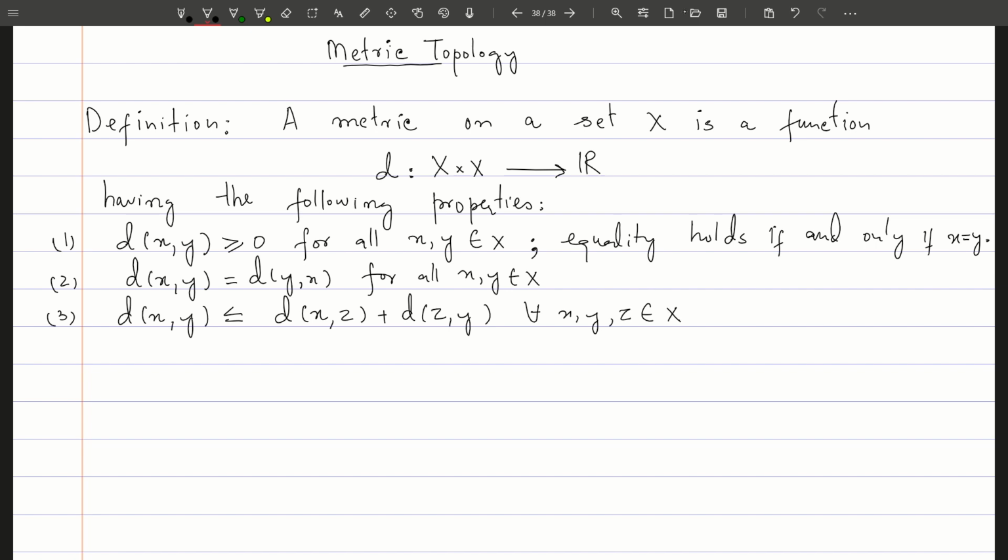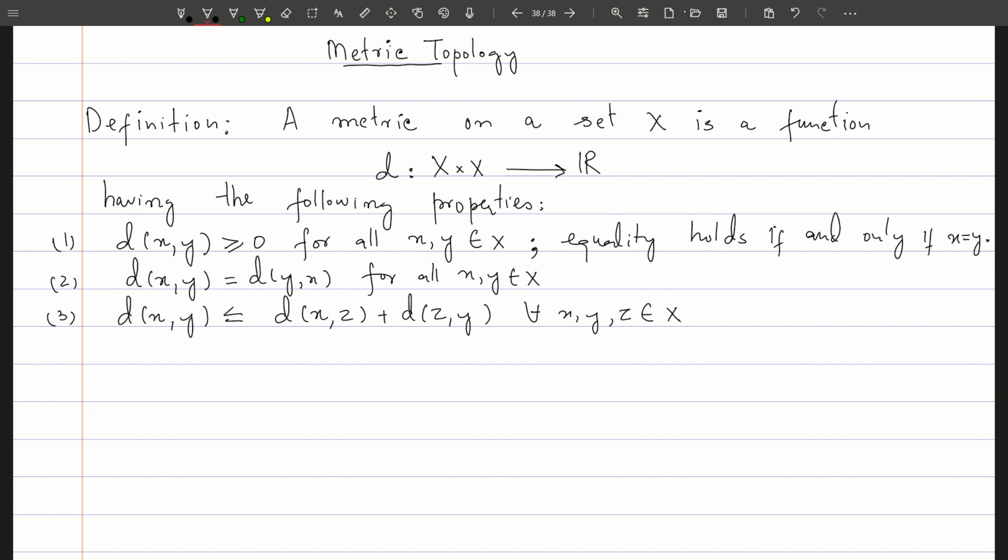Now, given a metric d on X, the number d of xy is often called the distance between x and y in the metric d. So it is clear that the distance between 2 points may be either 0 or positive, and it is 0 only when these 2 points coincide. If we measure the distance from the point x to y, it is the same as the distance from y to x.